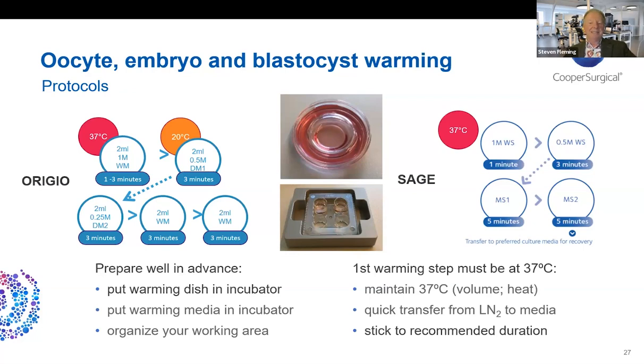Regardless, the key to success is ensuring that the temperature of that first warming medium is maintained at 37 degrees. So you get that really rapid warming rate, and that it's performed for that full minute before the next step, because you need to get those high concentrations of permeating cryoprotectants out of the cells as quickly as possible.